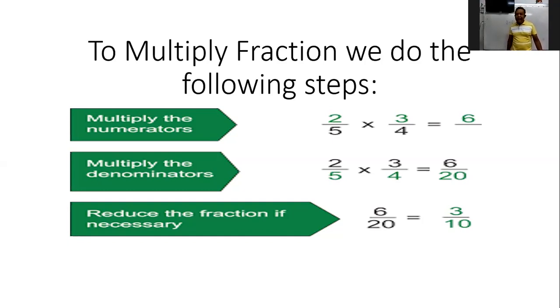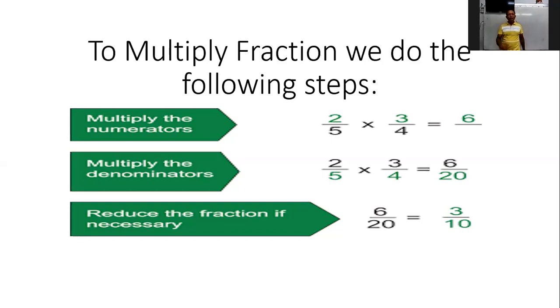Then can we divide 20 by 3 and get a whole number? No. 20 divided by 3 cannot give a whole number. We can use 3 to divide the numerator, but we cannot use it for the denominator, so don't use that.